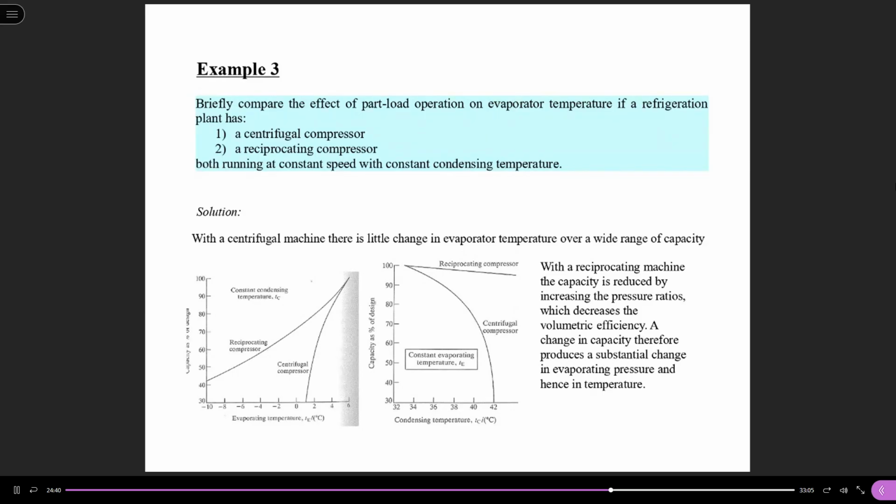However, with the reciprocating machine, the capacity is reduced by increasing the pressure ratio, which decreases the volumetric efficiency. For such cases, I will leave it to you to analyze the problems using what we have learned.